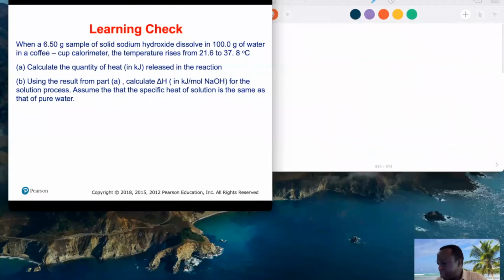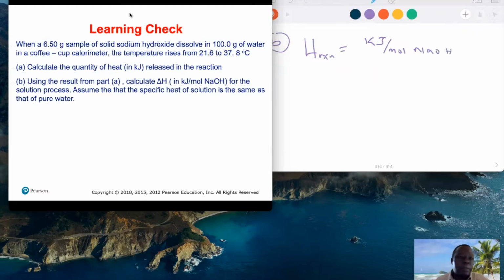So this is per mole of NaOH, which means you'll have to change these grams to moles using the molar mass, not of H2O, but of sodium hydroxide.